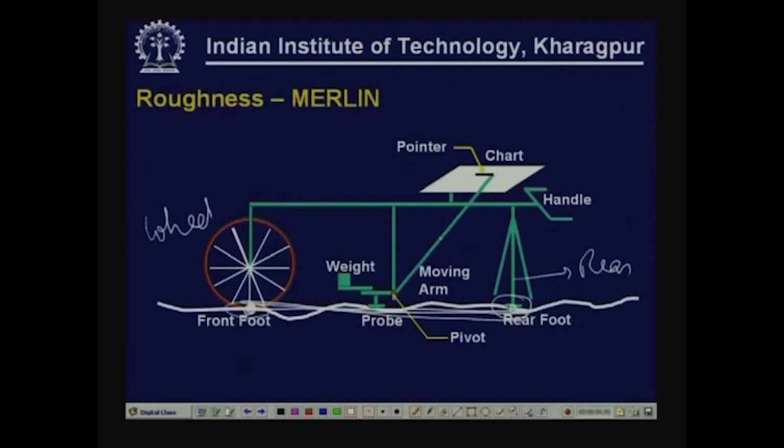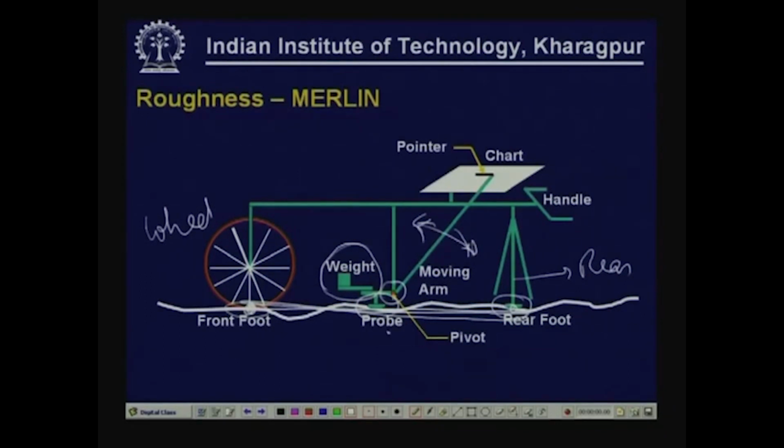There is a moving arm, because there is a pivot, a hinge here, and there is a counterbalancing weight arranged on the other side. So this makes the probe, at any given position, touch the pavement surface. Along with this, the moving arm also moves in this direction.